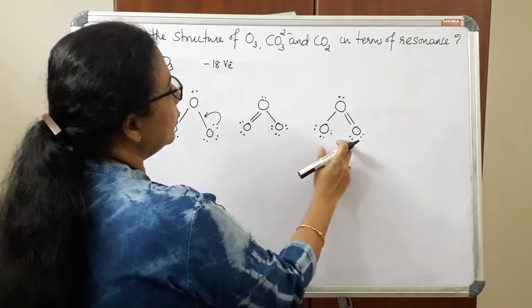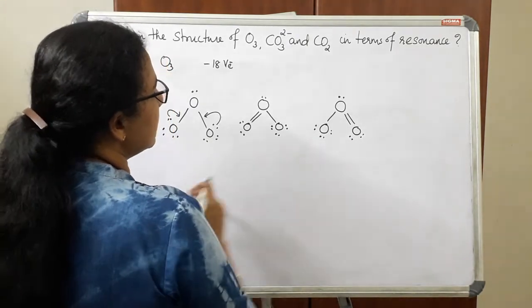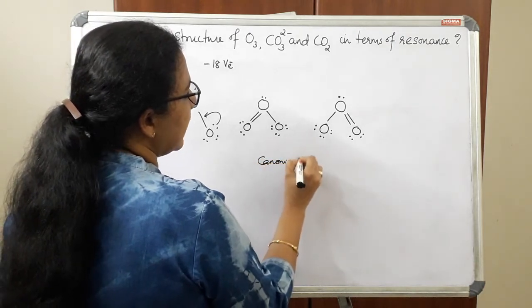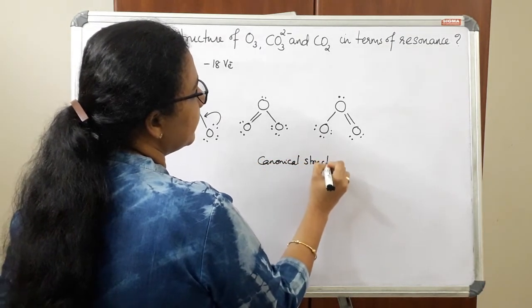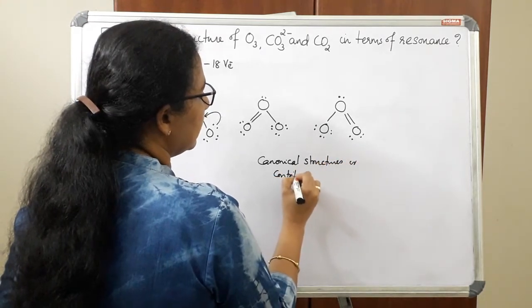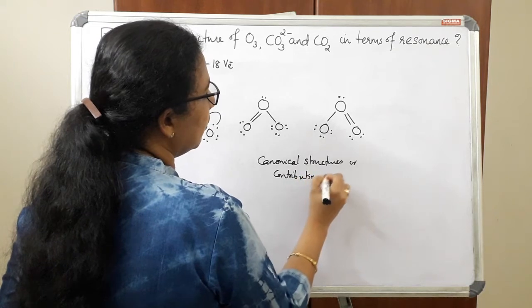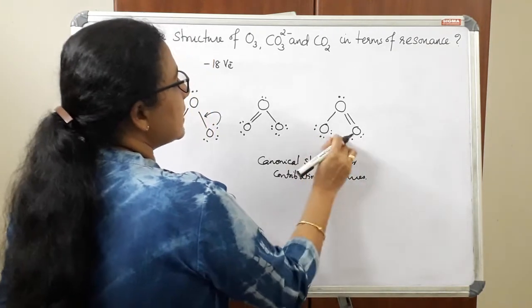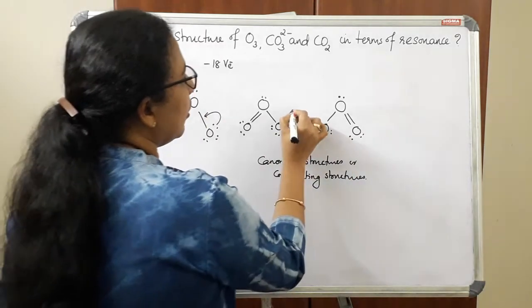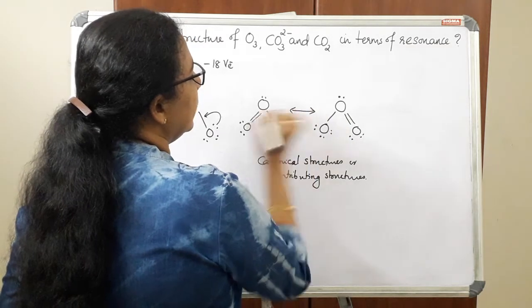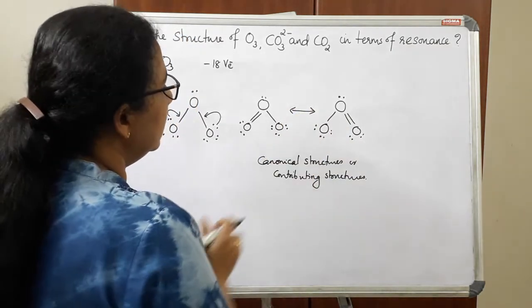So we got two structures, and these two structures are called canonical structures or contributing structures. These are called resonance structures, and we can draw a double-headed arrow in between these two.